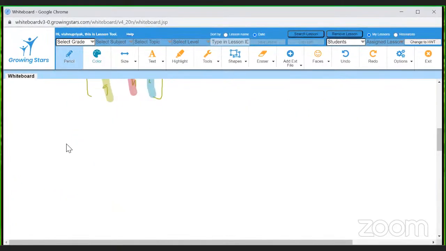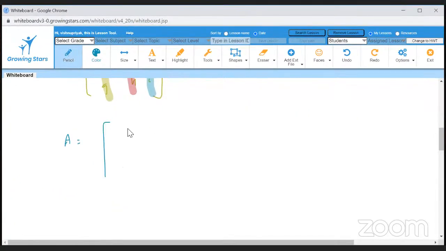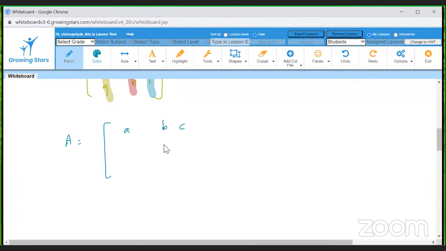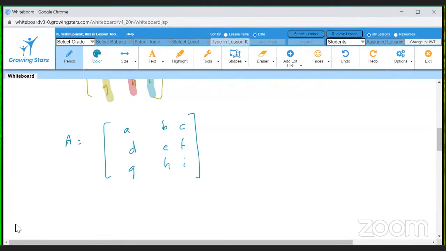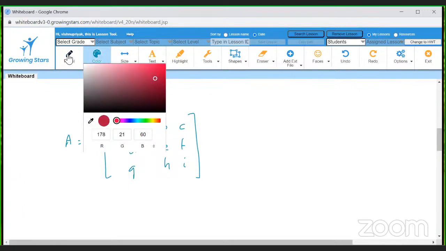So basically, if you are given a matrix A, B, C, D, E, F, G, H, I, you can use any row, any column to find the determinant. But remember the signs which you put, plus minus.